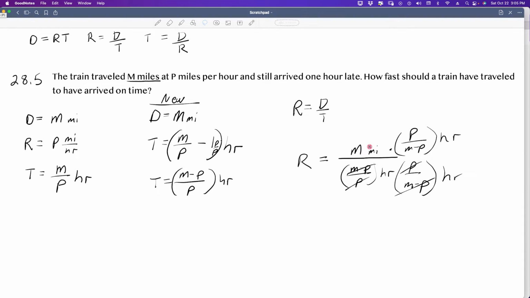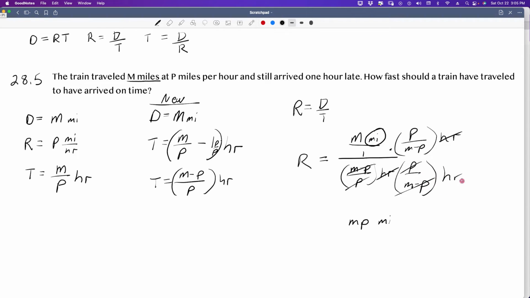Imagine, if you will, I'm going to take this and move it up out of the way. This right here we turn into a fraction and put over 1 so that we can do the multiplication, right? So this p multiplies by this. This hour cancels this hour. And what we have left over is M times P, miles from here.